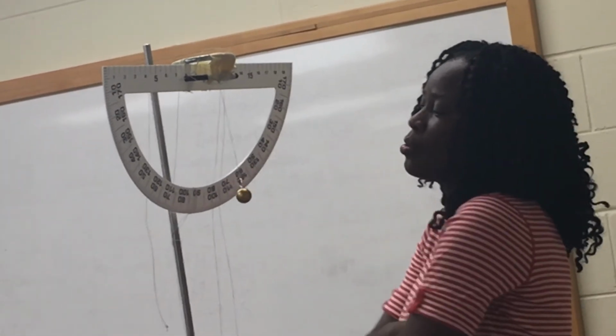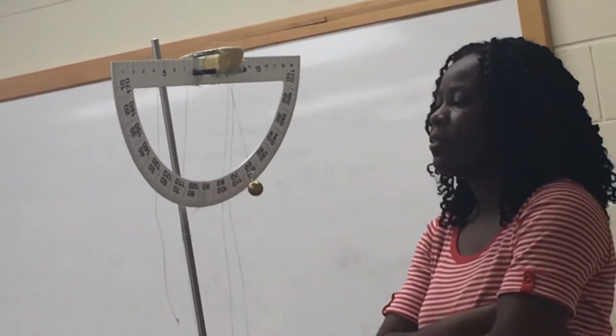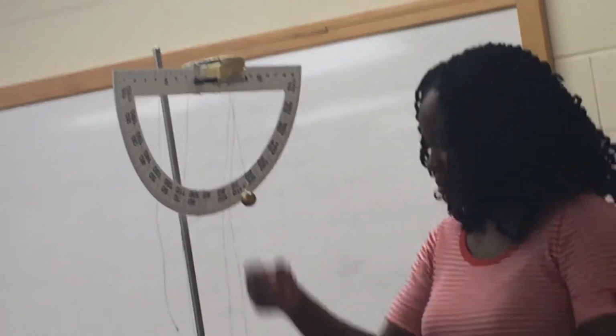1, 2, 3, 4, 5, 6, 7, 8, 9, 10. 8.33. All right, so that was 8.33. All right, the final one, so I'm going to bring it back to the equilibrium position.